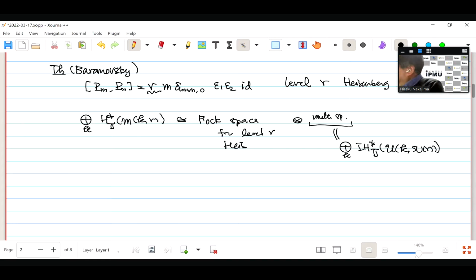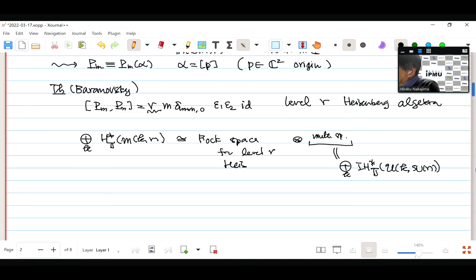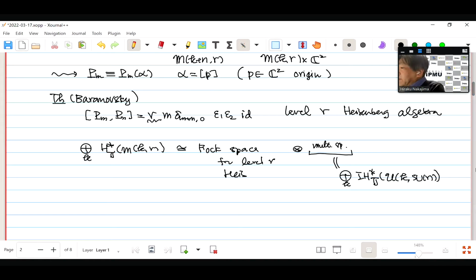So Baranovsky's result says that starting from M, you consider this level R Heisenberg algebra, and somehow you should understand the summand, the multiplicity space, which is somehow orthogonal, or how to say. This is a tensor product, so it is not exactly orthogonal, but you must understand this multiplicity.